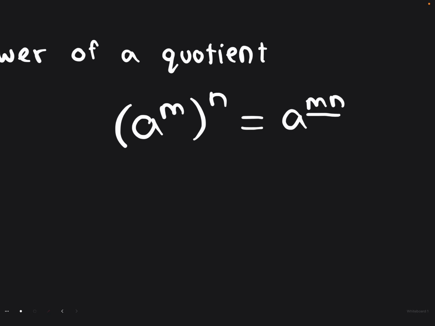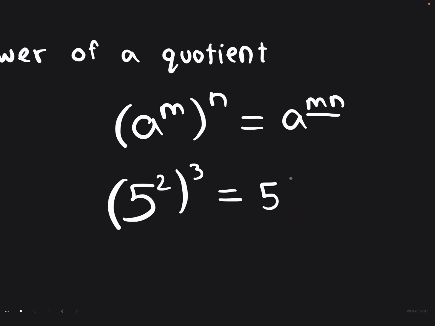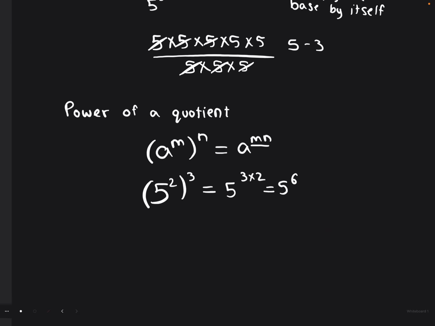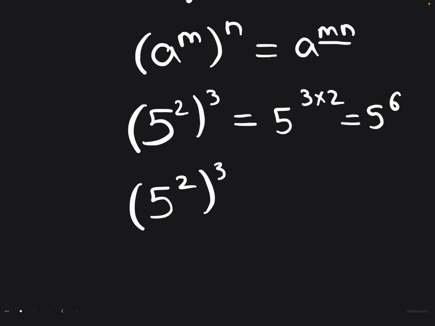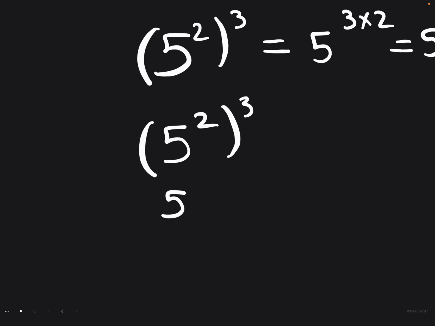An example of this can be 5^2 in brackets, and then we'll do a 3 here. Or actually, we're going to use actual numbers to make this simpler. So (5^2)^3 is equal to 5 to the power 3 into 2, which is equal to 5^6. How do we get here? For 5 squared, you know that you're multiplying this 3 times. So you're doing 5 into 5, 3 times.